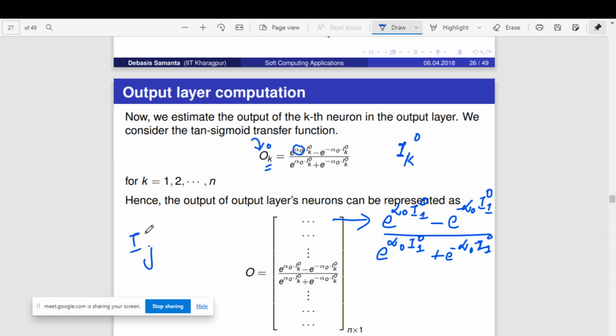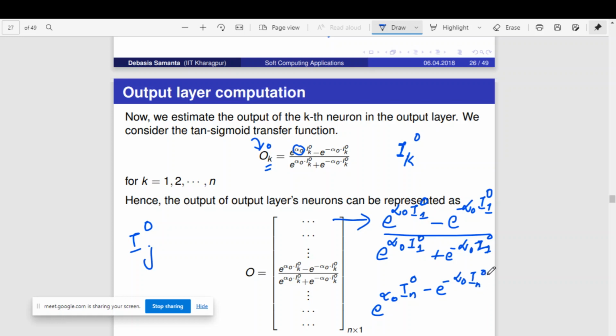If I say Ij^O, what does it mean? It is the input to the jth neuron of the output layer. Similarly, what will be the last entry? In^O, minus e to the power minus alpha naught In^O. How will you read this In^O?